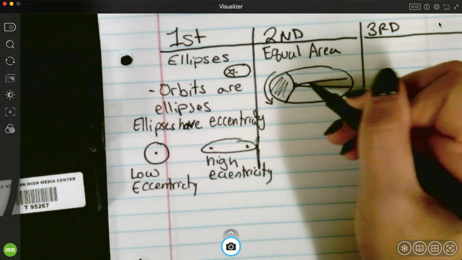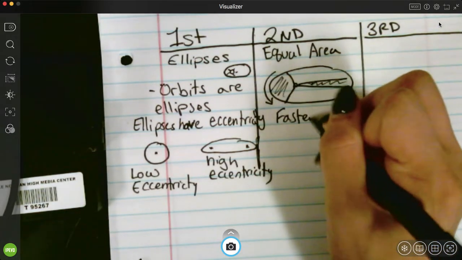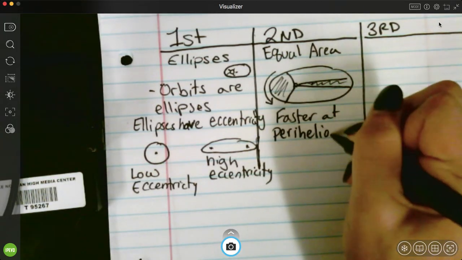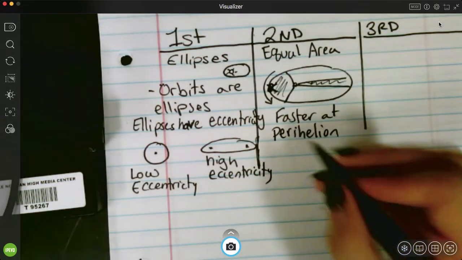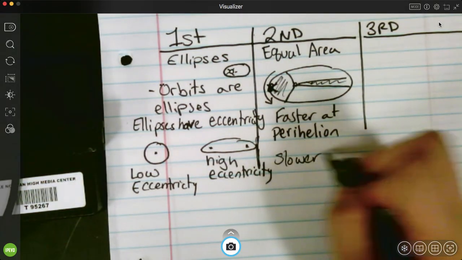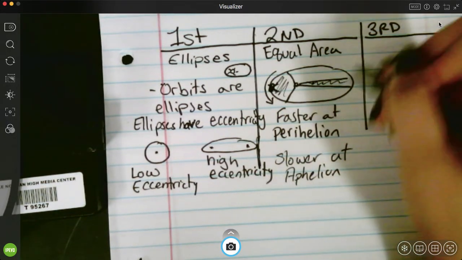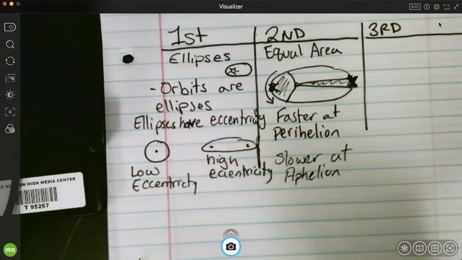These are the same. So you're faster at perihelion, which is this point. Remember, peri means closer. And you're slower at aphelion, which is over here. That is the second law.